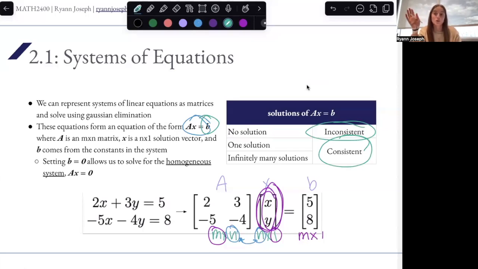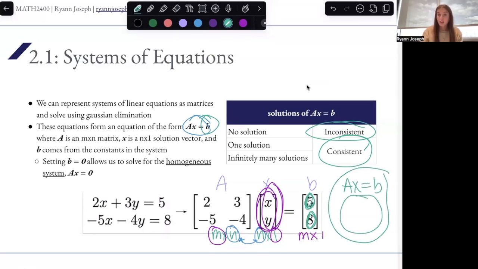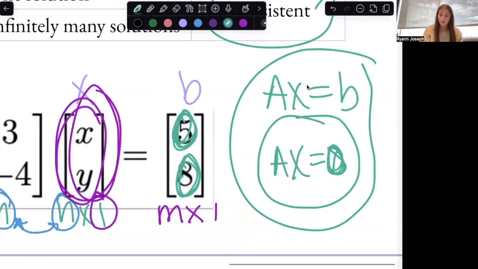So there's no like 2 solutions, 5 solutions. Also note that if we set b equal to 0, so this vector, if we say instead this is 0 and this is 0, this allows us to solve the homogeneous system ax equals 0. So ax equals b is the general type of solution, and then within that we have a certain type of solutions. This is called the homogeneous solution.